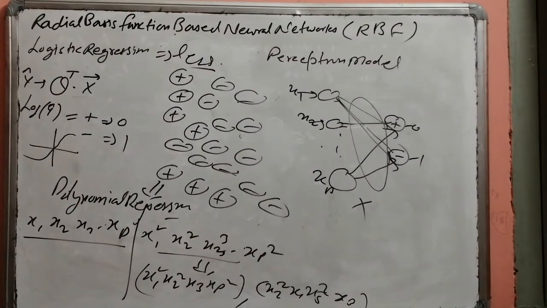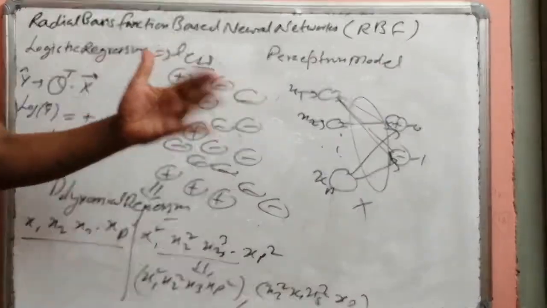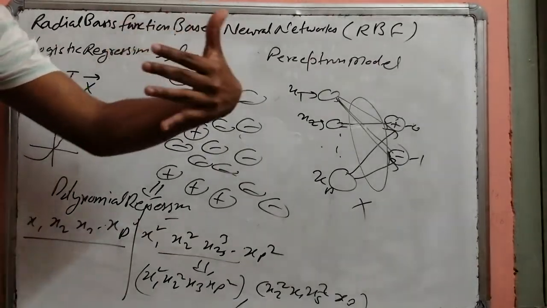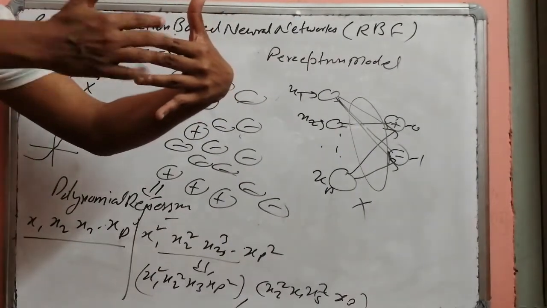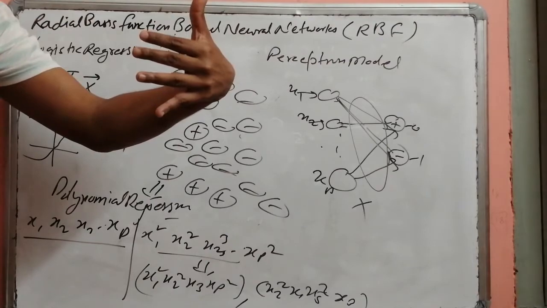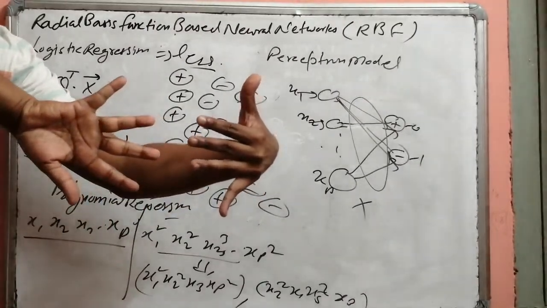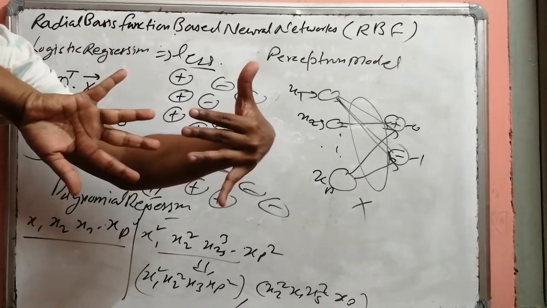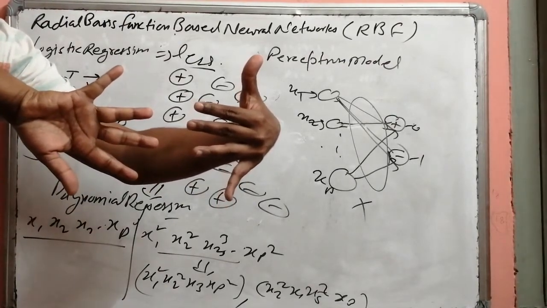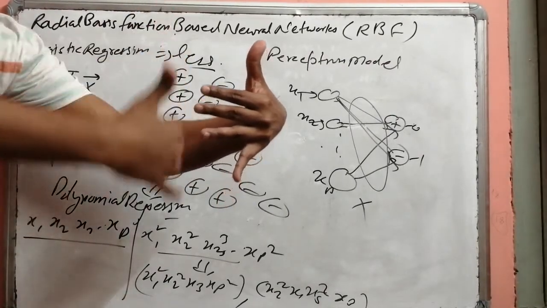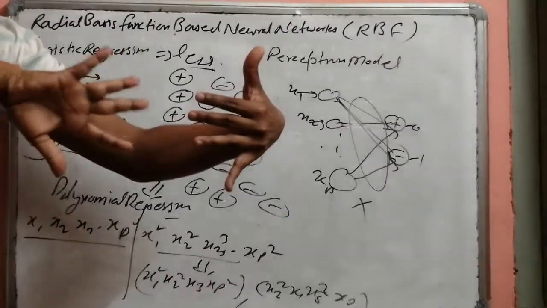This can be very well understood with an example. Suppose this represents the patterns of class number 1, and this represents the patterns of class number 2. Suppose they are positioned like this, then it is very easy to draw a line separating these patterns, this line will separate them both.